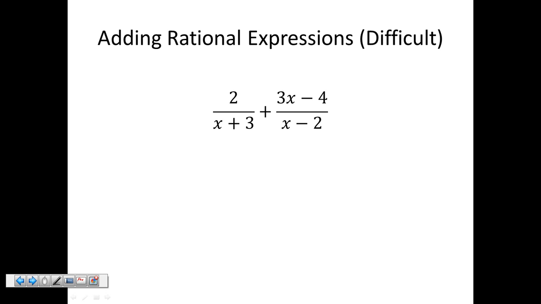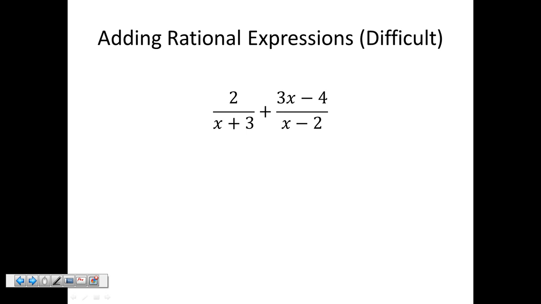There's reasons to learn about the least common denominator, but I want you to put that out of your head right now. I want you to think about the easiest common denominator. The easiest common denominator is always our two denominators multiplied together. So that's actually what we're going to do. That ends up being our least common denominator here, but it's our easiest common denominator that we work towards.